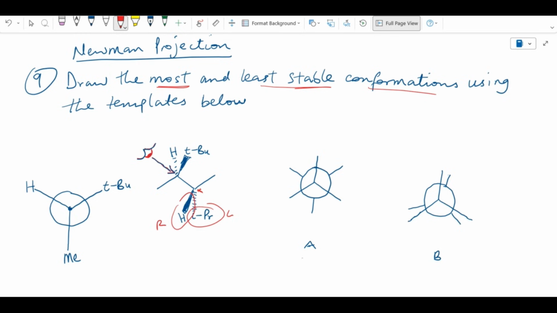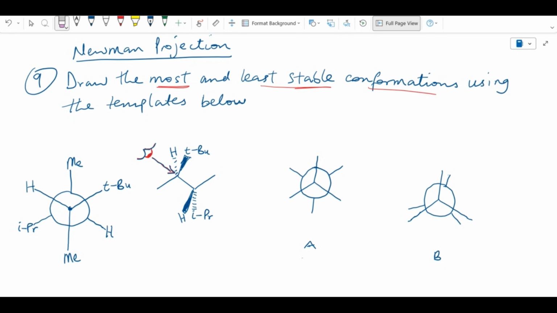Hydrogen will be to your right, the isopropyl will be to your left, and this methyl group will be pointing upward because it's above your eye level. So the methyl group, you draw it upward. The hydrogen will be to your right and it's pointing downward. And the isopropyl group will be to your left. So that will be the Newman projection for this compound.